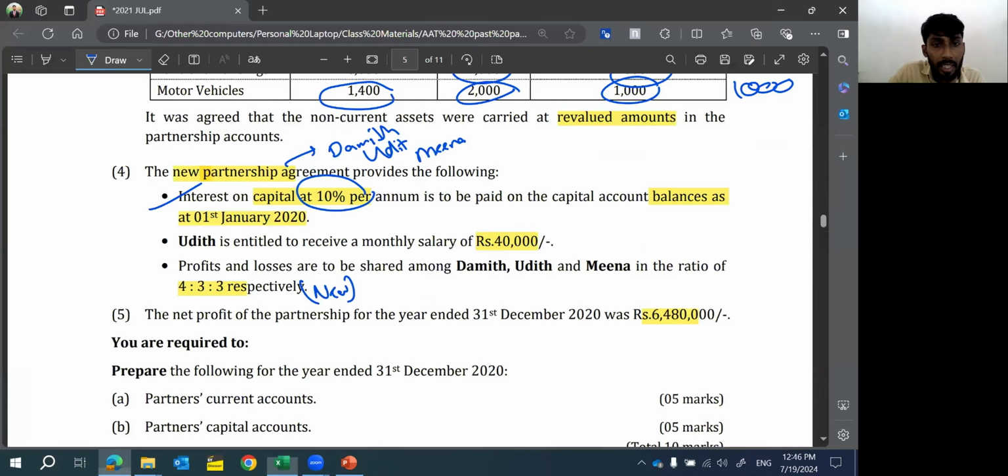Now let's see, are there any partners' remunerations? Yes, here there is a partner salary for Udit. How much? 40 per month, so 40 into 12 months, it's 480. This is the entitlement, this is the profit appropriation.